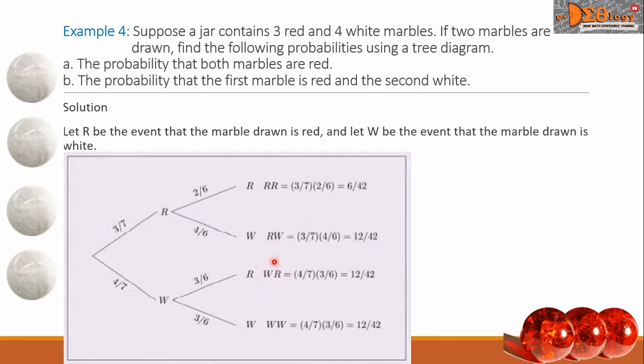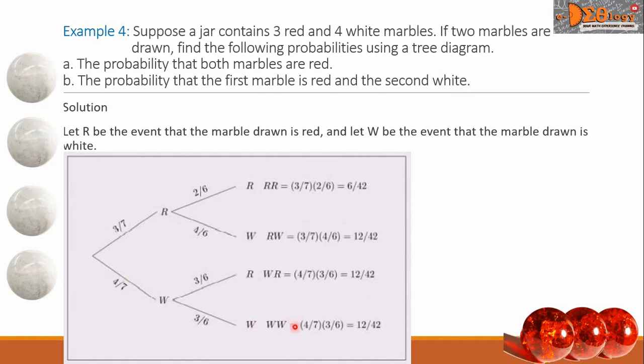Down here is WR, which represents taking a white marble in the first draw and a red marble in the second draw. The probability is 4 over 7 times 3 over 6, and we have here 12 over 42.